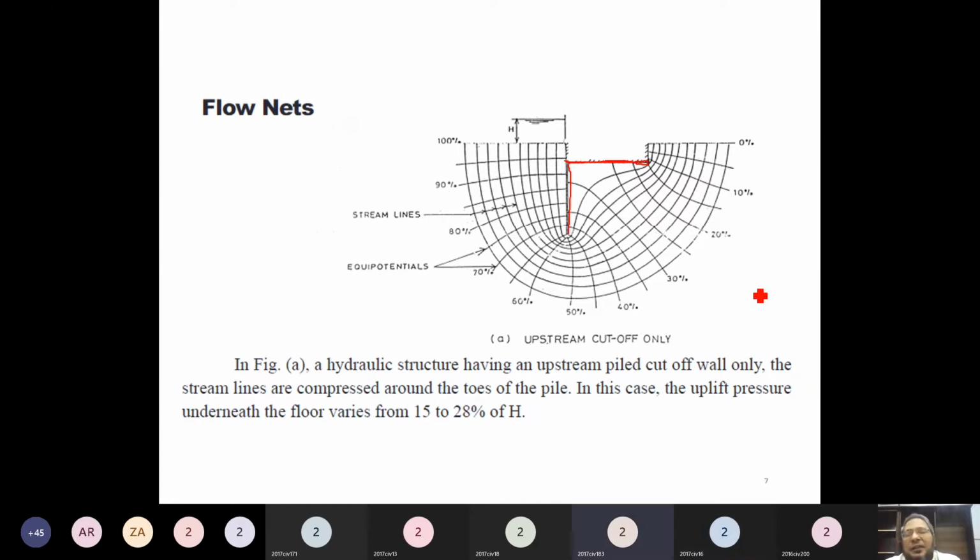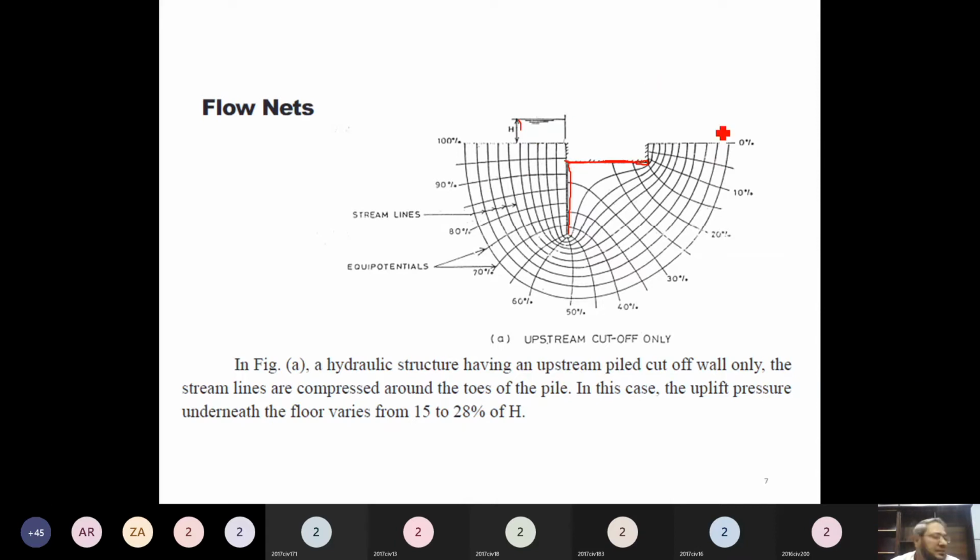So where have we provided the sheet pile? On the upstream side or on the downstream side? Upstream side. This is the head, capital H. So this is the upstream side, this is the downstream side.